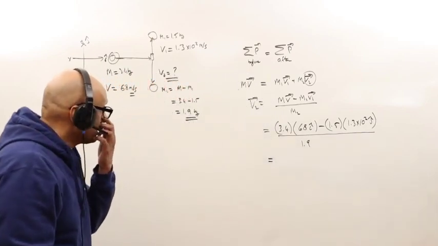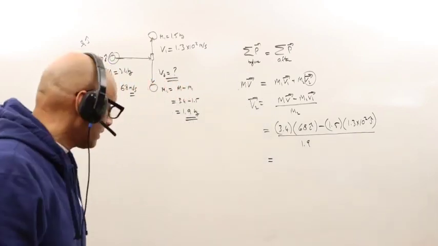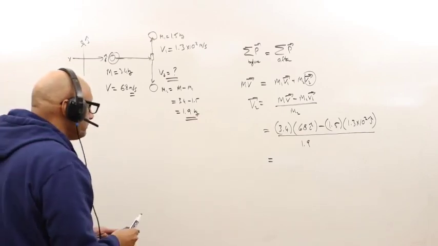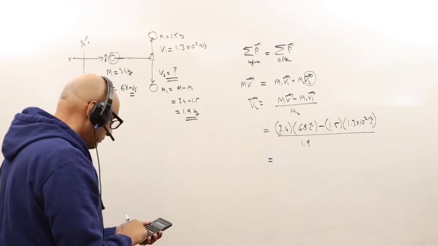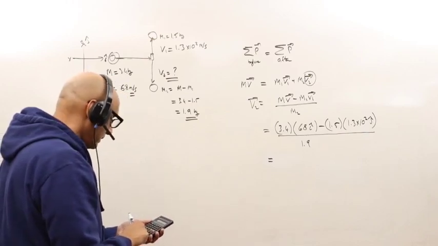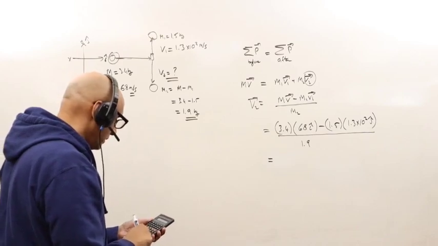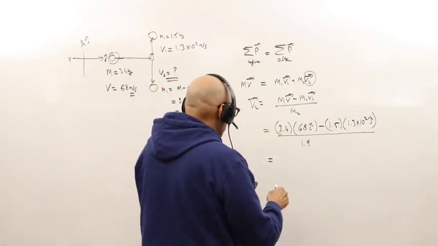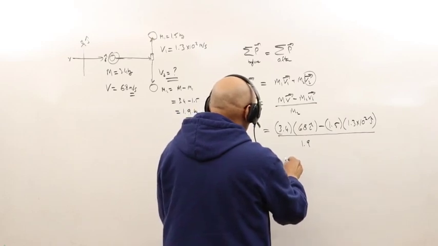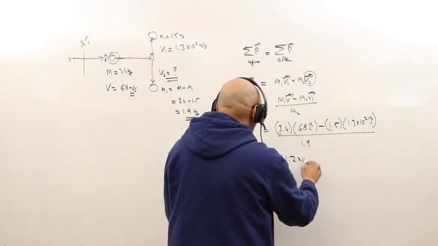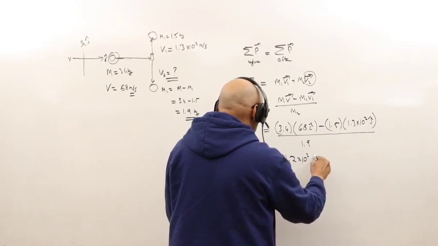So we can plug this in. Let's get out the calculator. So 3.4 multiplied by 68 divided by 1.9. So this would be 1.2 times 10 squared i hat.